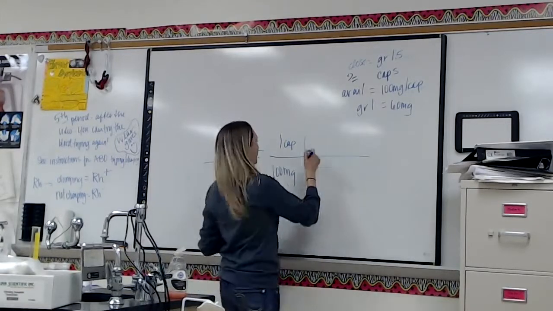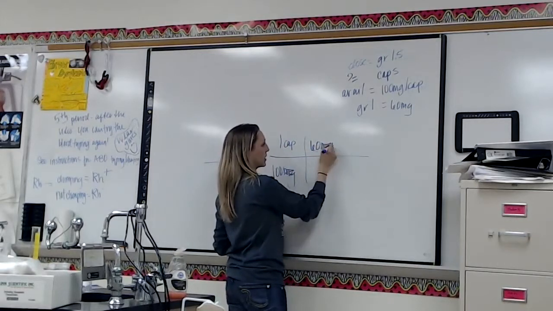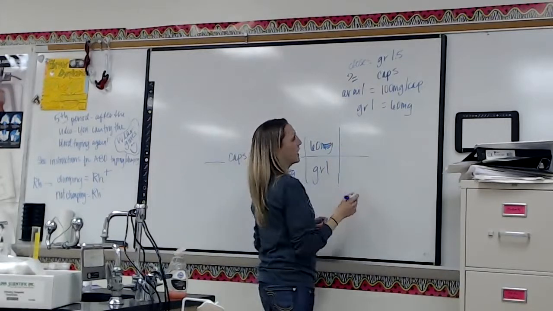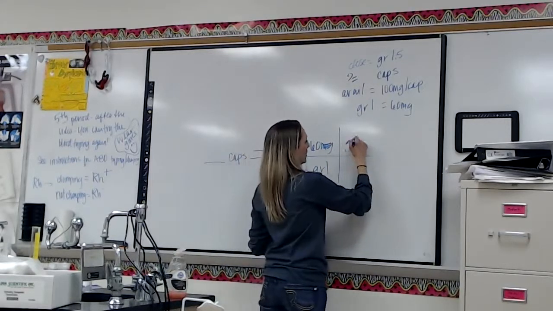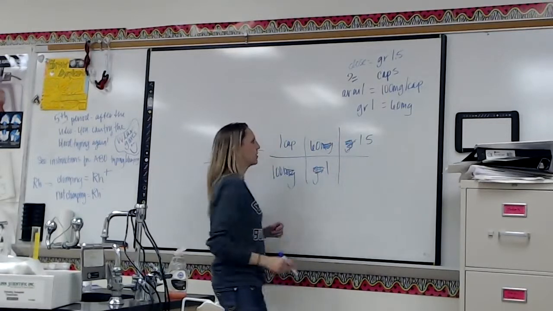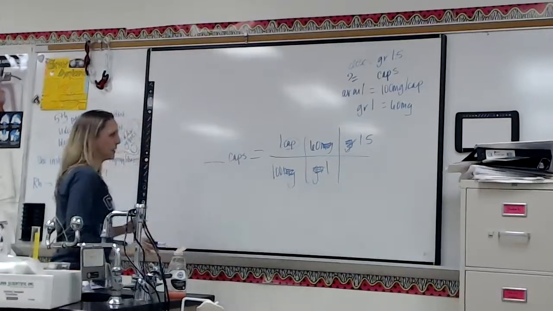Next I've got 60 milligrams, because I want milligrams to cancel each other out here. I put 1 grain at the bottom, and then I know that my dosage is 1.5 grains, so I can cancel out my grains there. So I've got my correct units. I ended up with capsules, so I know I'm doing my math correctly.